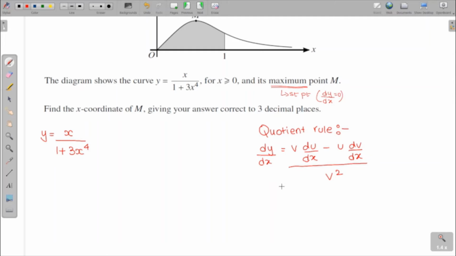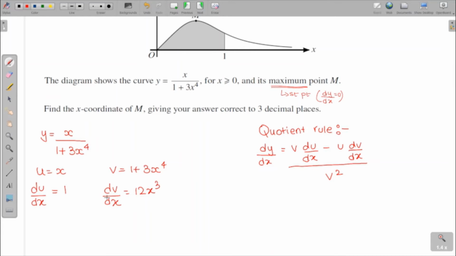This is the formula. So we can take u as x and v as 1 plus 3x to the power 4. If we differentiate u with respect to x, that will come to 1, and if we differentiate v with respect to x, that will be 12x cube.